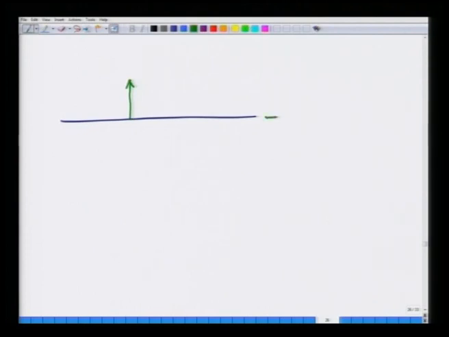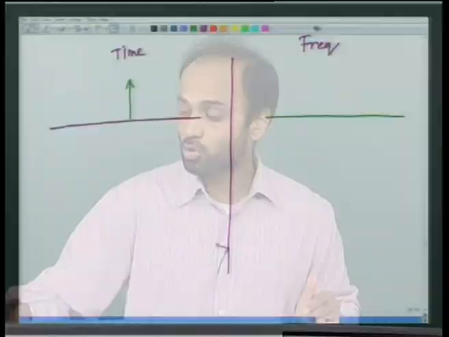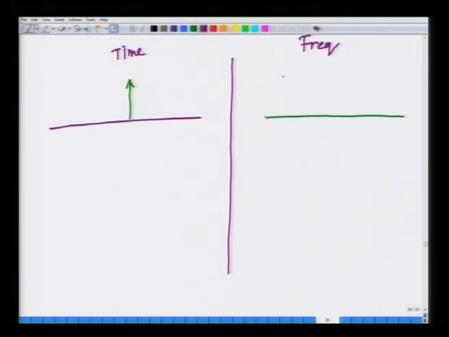This is time, this is frequency. In time, the wired communication system is an impulse, that is its delay spread is 0, its coherence bandwidth is infinity, because the frequency response of an impulse is nothing but a frequency flat spectrum, which implies its coherence bandwidth is infinity.